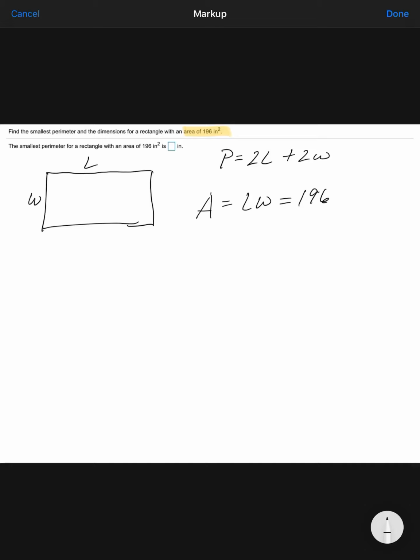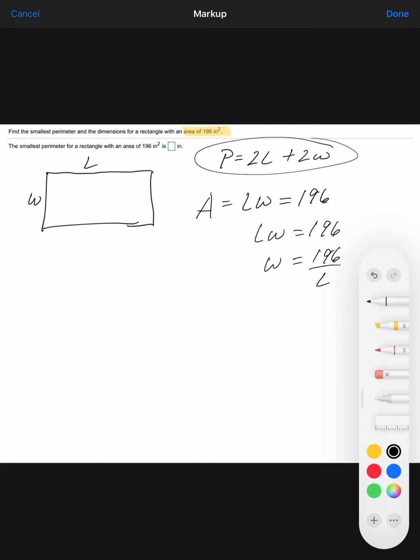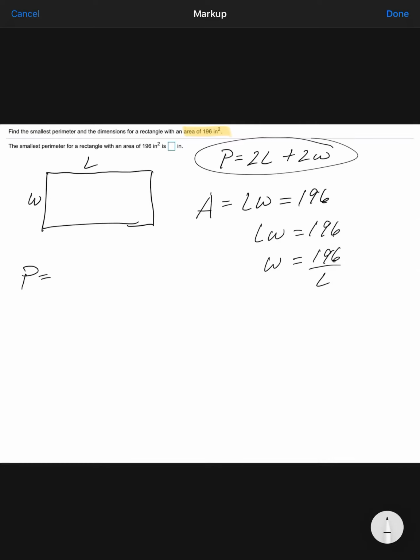Up here with the perimeter, we're dealing with two variables, L and W. If we solve for one of those variables from the area formula, we can say width is equal to 196 over L. We'll take that and put it into our perimeter formula.